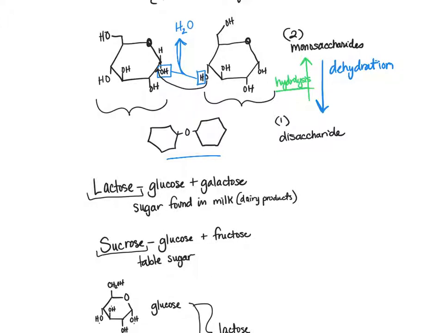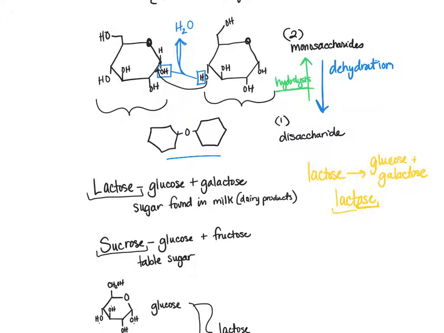So for the enzymes that we're talking about, if we take lactose and we want to break it down into glucose and galactose, the enzyme that we are going to use to do that is lactase. So when something has the ending -ase on it, that indicates that it's an enzyme. And typically, the beginning part is an indicator of what that enzyme is working on.